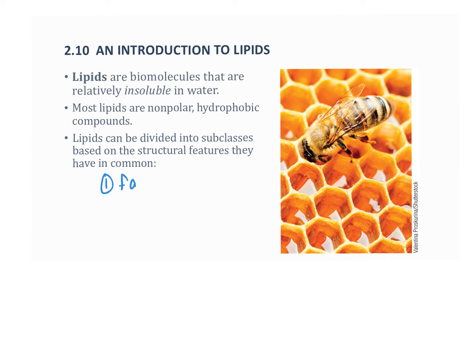The first subclass is fats. The second subclass is phospholipids. The third subclass is steroids. And the fourth class is waxes.